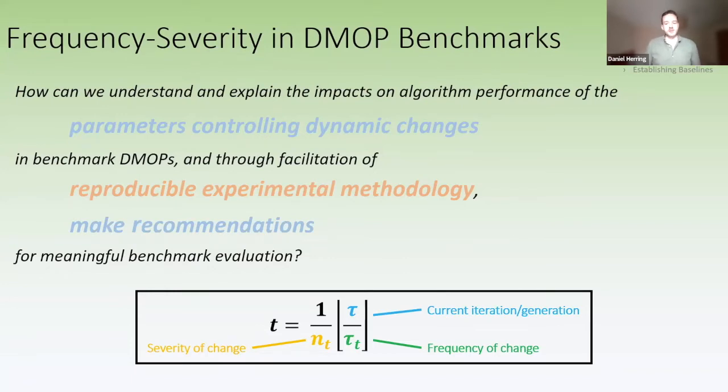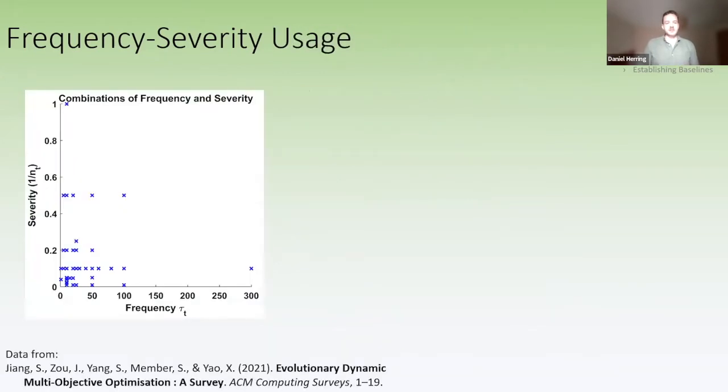Traditionally, the selection of these parameters has been inconsistent, sporadic, and often unjustified, as I'll illustrate in a moment. Crucial to the cohesive progression of research in this area is the ability to compare results and reproduce instances and data from experiments. This forms a key motivation of the investigation of these parameters. Using the references list from a very recent survey on dynamic multi-objective optimization, we can observe how frequency and severity parameters have been selected in previous works.